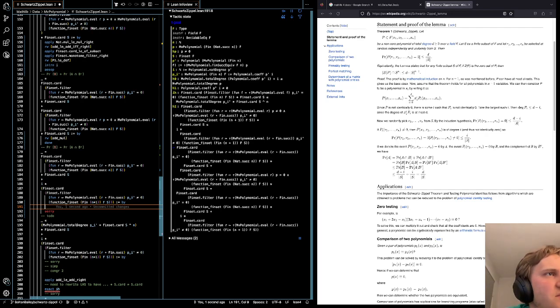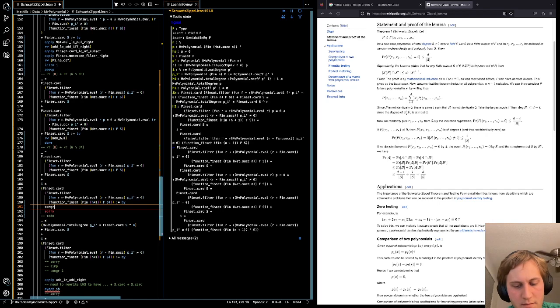Yeah, it looks like this is where I should apply the inductive hypothesis. But it's strange because apparently I thought I was applying it here, but it looks like I should be applying it here. I mean, what am I doing exactly? Let's invoke congr.